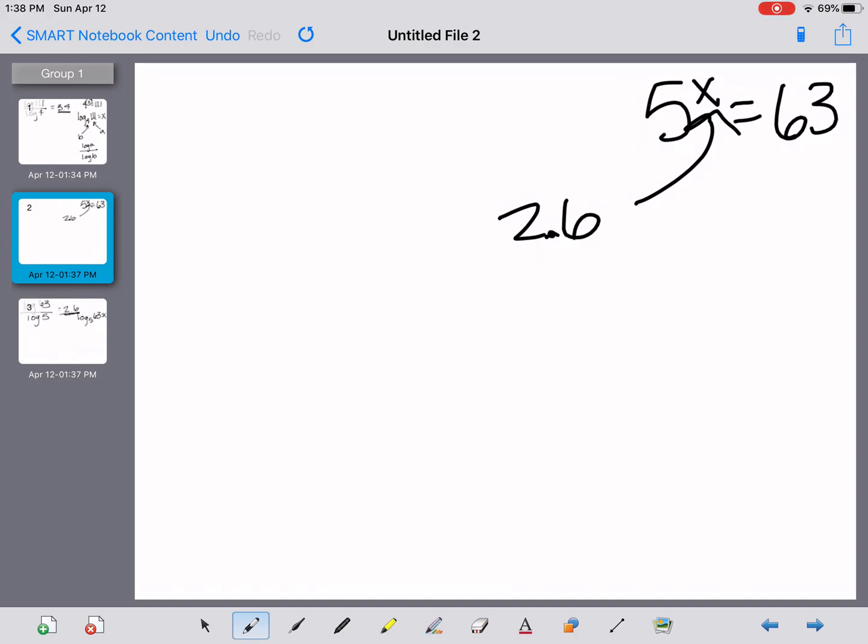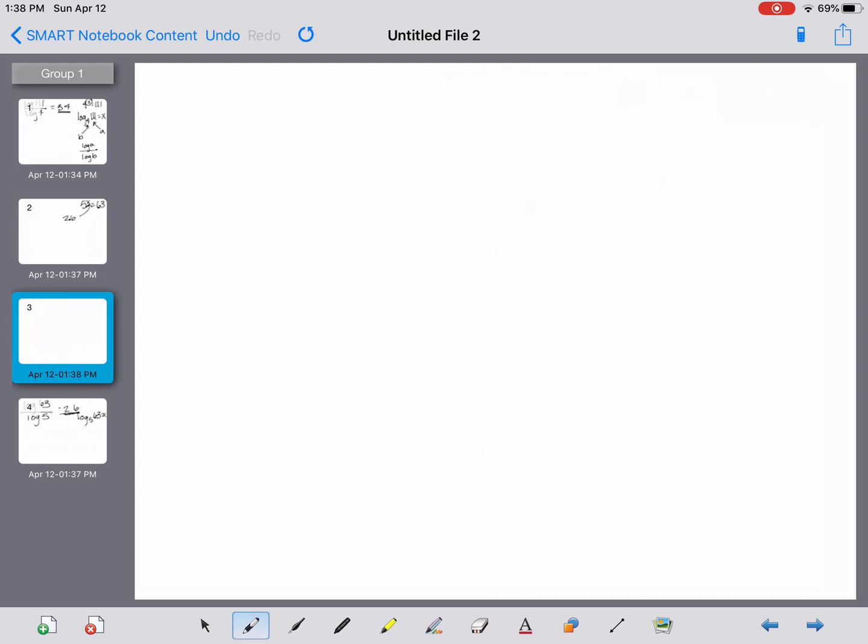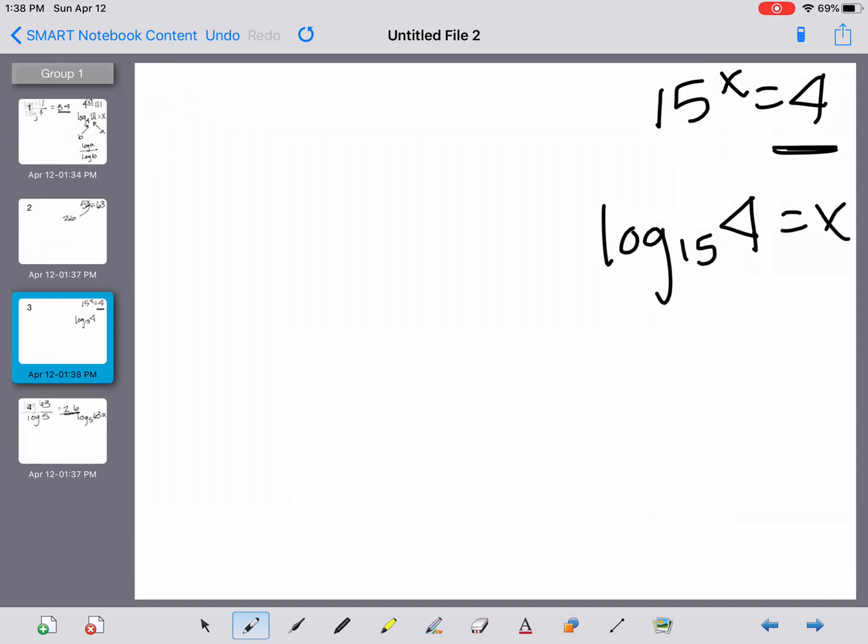Another one we can do, and I'll change it around: let's make our coefficient a little bit bigger, 15 to the x, and then let's make that equal 4. Before you even start this, think about what your exponent has to be. It's going to be a decimal smaller than 1, because my output is going to be smaller. So it should be log base 15 of 4, and I want to know what x is.